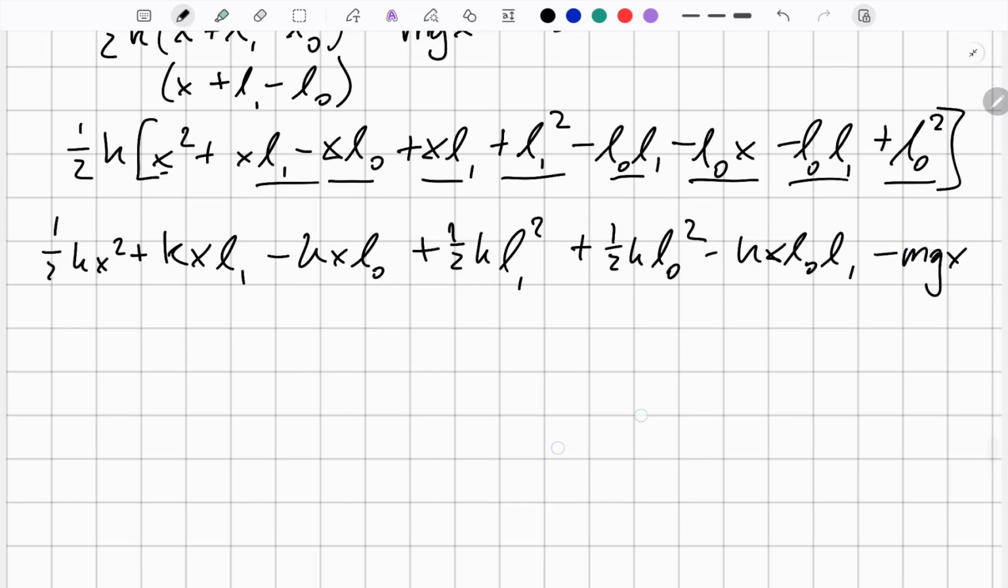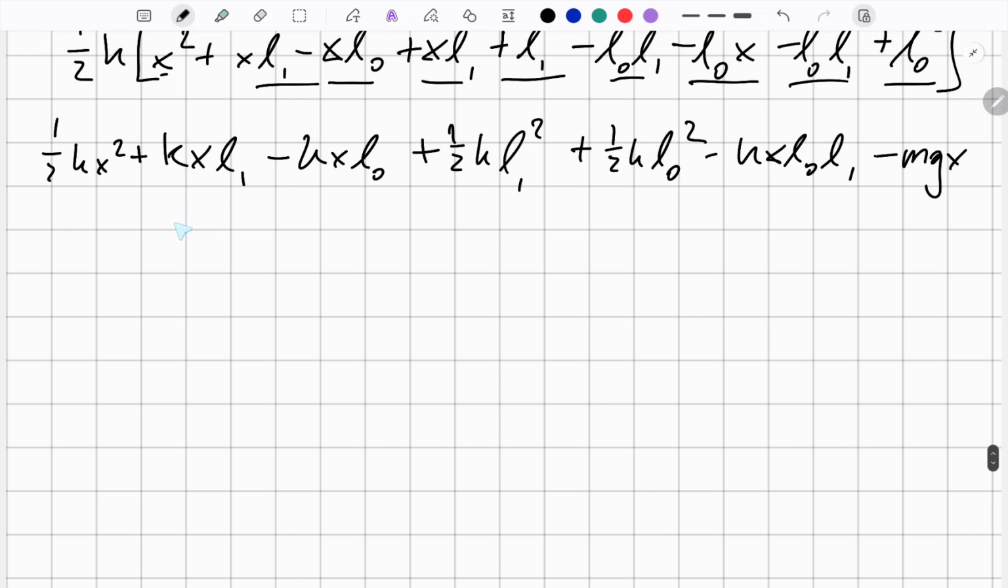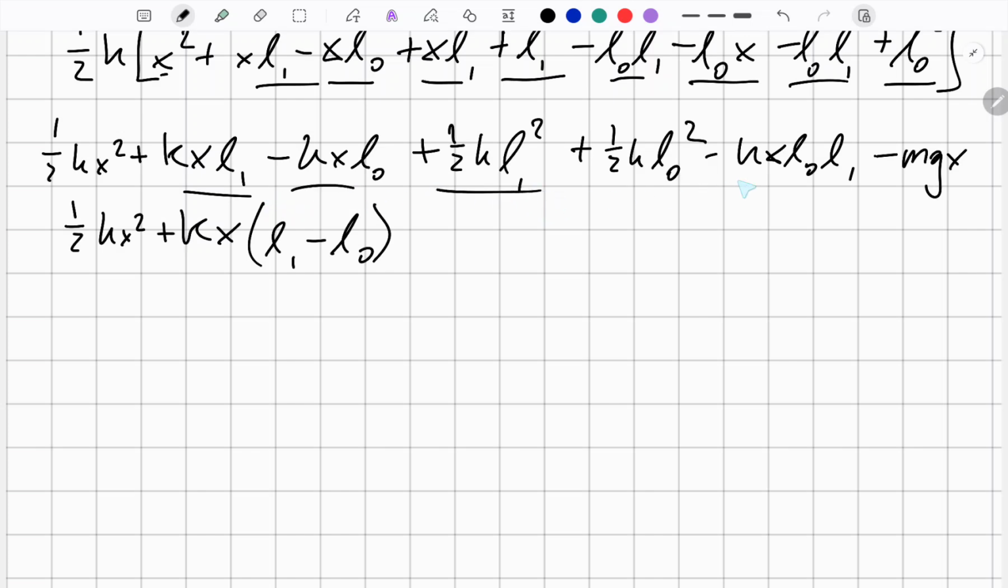So we're seeing here that we have some terms we can pull out a kx from. So let's leave that 1/2 kx squared in, plus kx times L1 minus L0. That takes care of these two. Now from these, if you don't recognize this, this is a perfect square. So we can pull out a 1/2 k. This is going to be L1 minus L0, quantity squared, minus mgx.